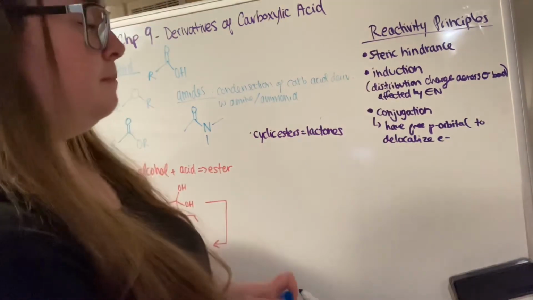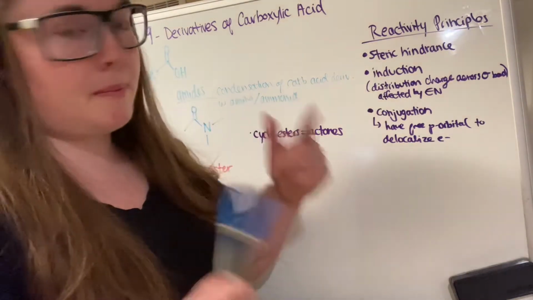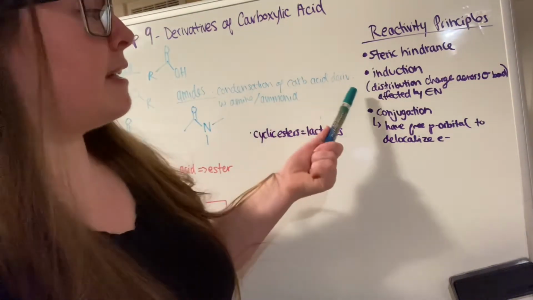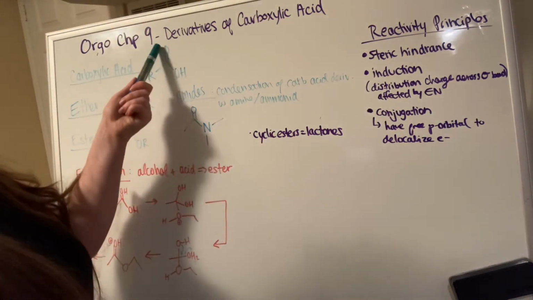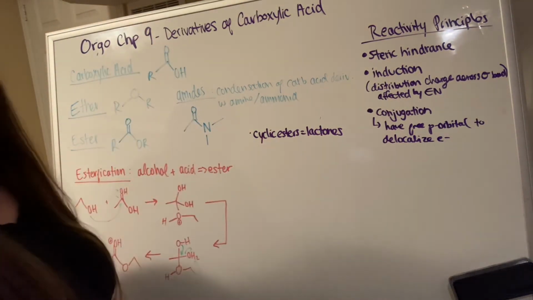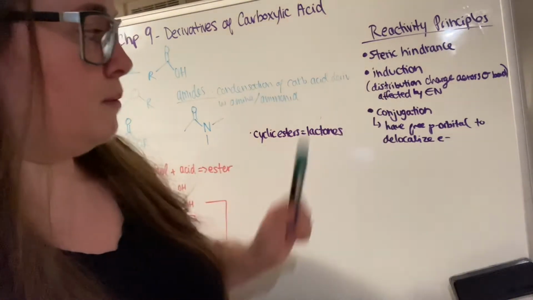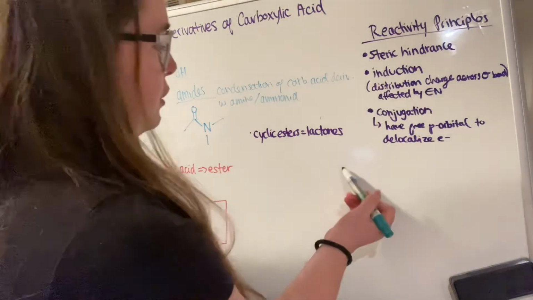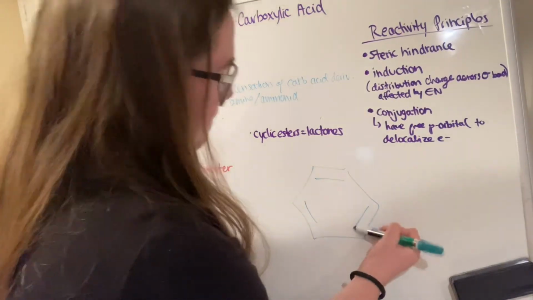Then we have induction, which is the distribution of charge across a sigma bond. And this is affected by electronegativity. So we see that a lot, with the carbonyl carbons and oxygen being a very electronegative atom. And then we have conjugation, which refers to our little cyclic ring here.